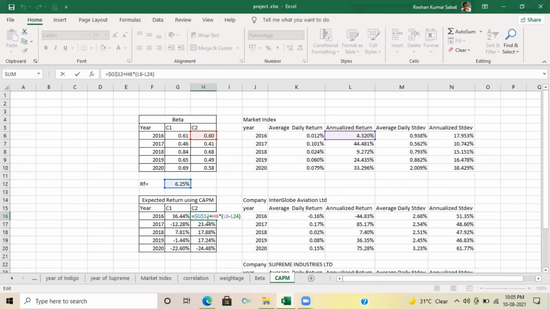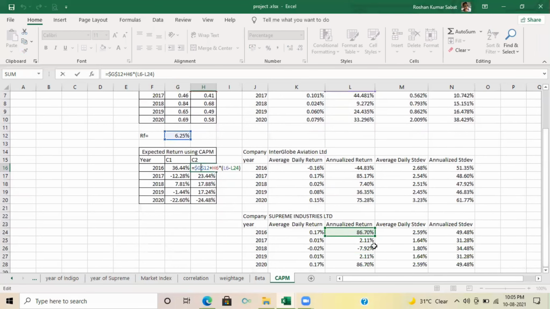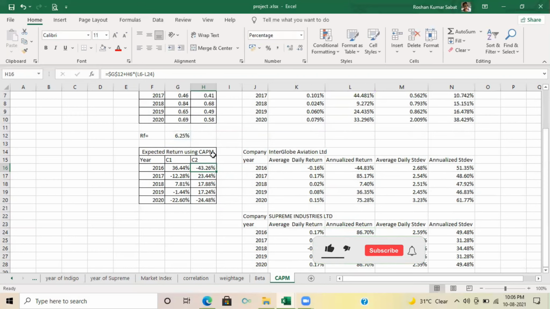After that, just add the beta of C2 into the difference of the market index minus the second company's annual return. By this, you calculate CAPM. Okay, that's it.